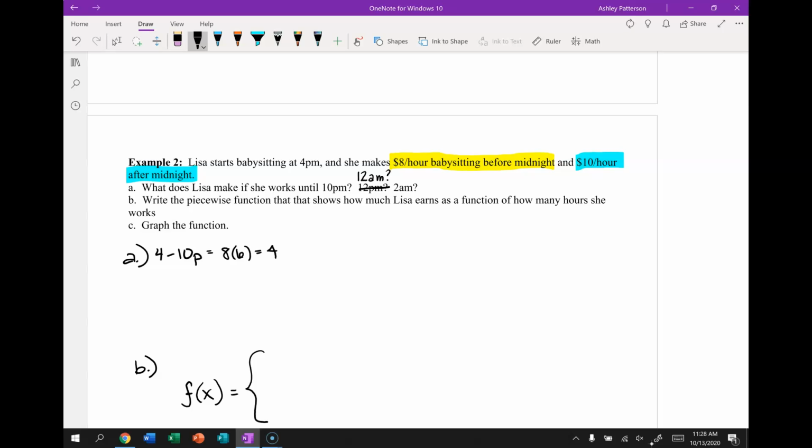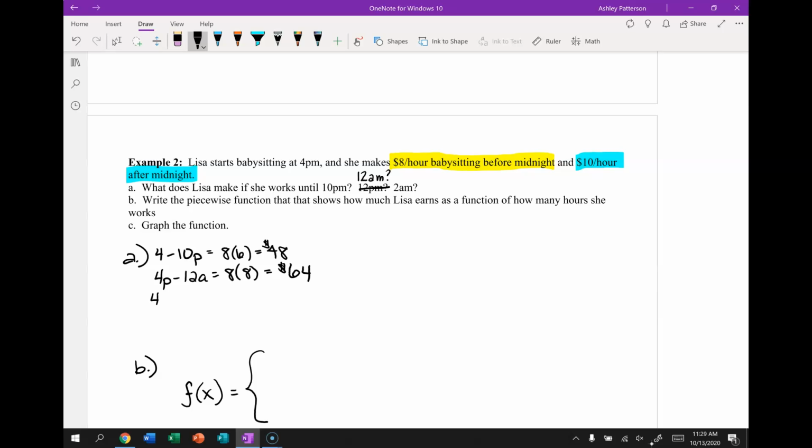So she's going to make $48. Way to go, Lisa. Now, if she's working up until 12 a.m., so 4 p.m. to 12 a.m., now she's working 8 hours because it's not stopping at 10 like we saw before. So $8 for 8 hours, she's going to make $64.